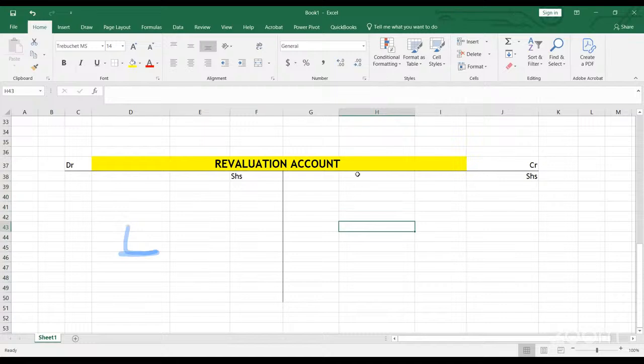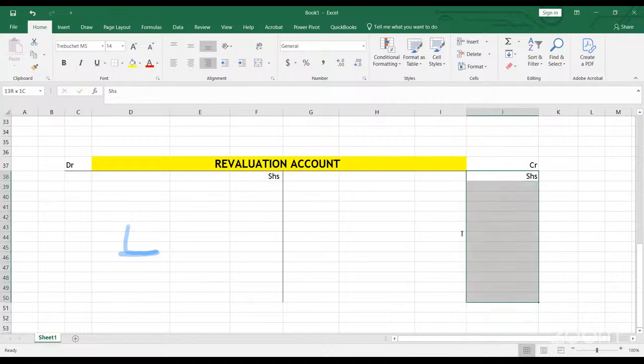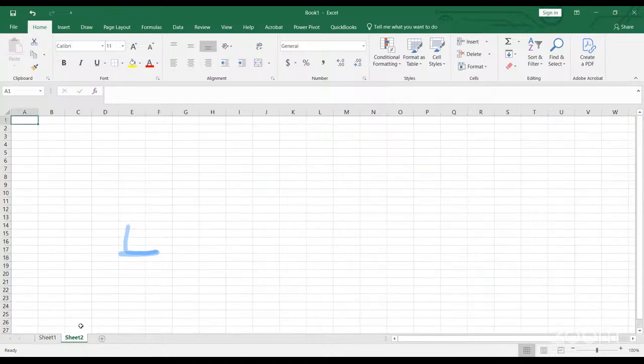What does the revaluation account record? The revaluation account records the increases or losses in the value of assets as a result of revaluation. So what we do, we have to check out those assets that were revalued. Let me prepare accounts here. These are workings.